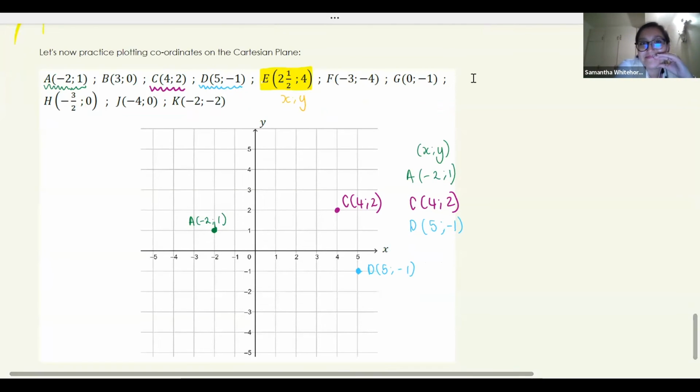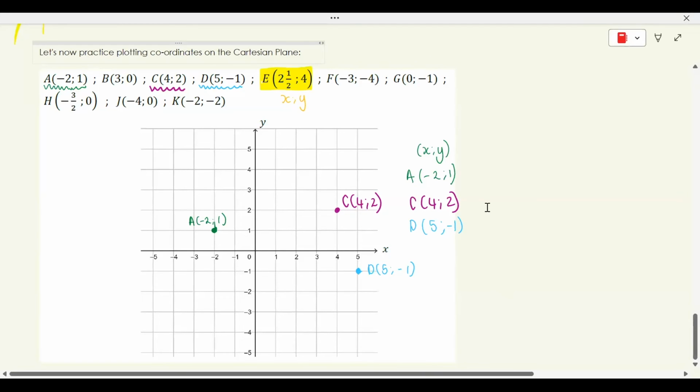So ma'am, 2 on the x-axis, going to the right side. 2 or 3, you'd have to stop right in the middle.